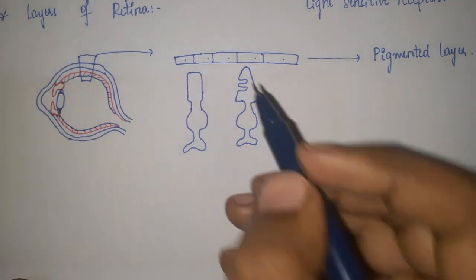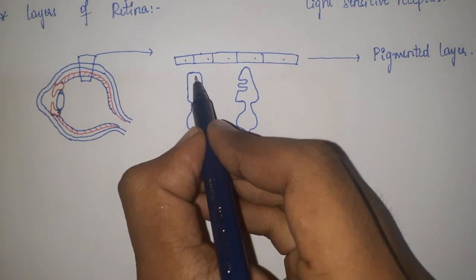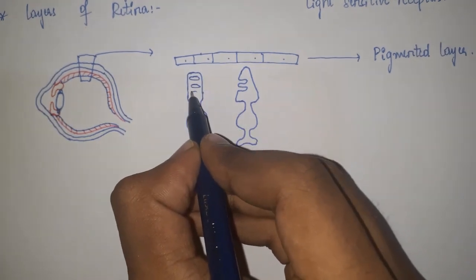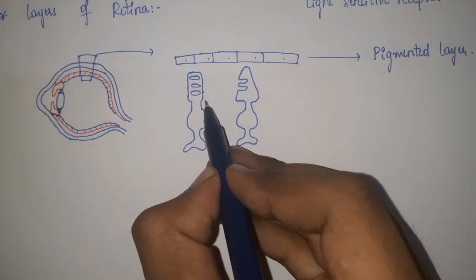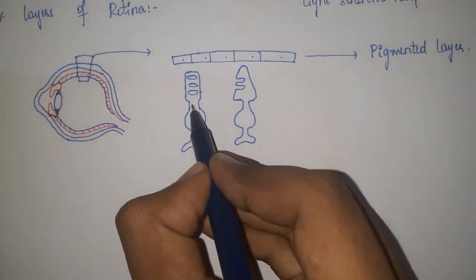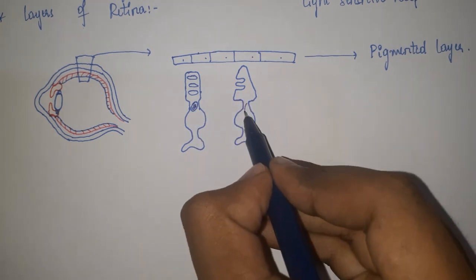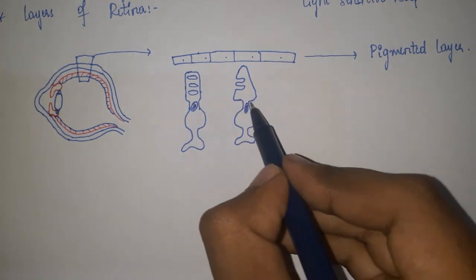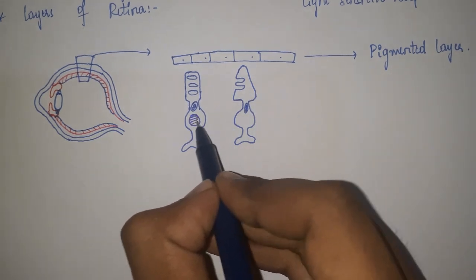In both rods and cones, this is the outer segment which consists of discs. These discs are membrane infolds. This is the inner segment which consists of mitochondria, and this is the nucleus.